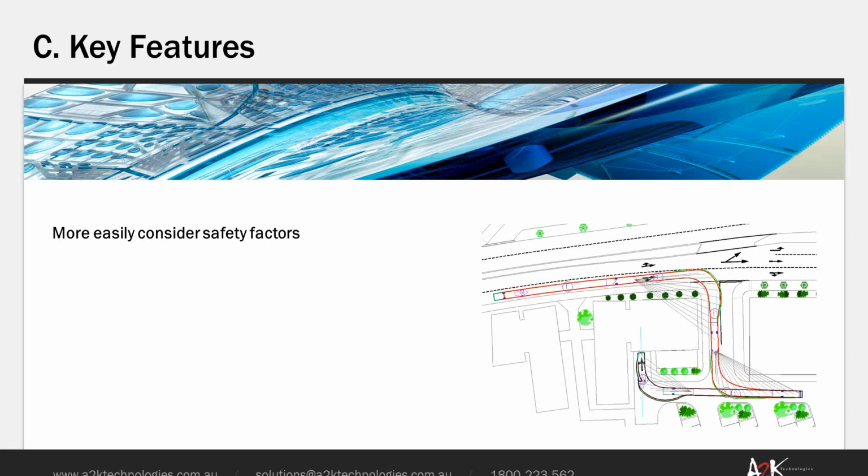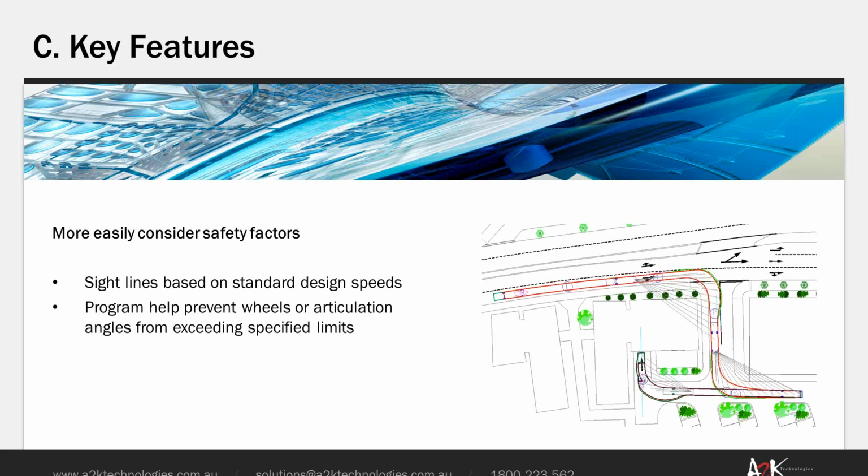Okay. One of the great things is, especially when it comes to safety, you can also do sight lines based on standard design speed. So once you're drawing your vehicle path, it will automatically show the ray traces, so you can see what your sight distance is and what the driver can actually see as they're going along.